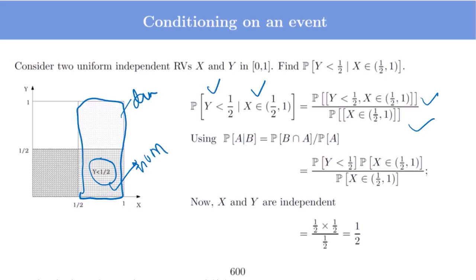The top one, because of independence, will be equal to the probability that Y is less than half multiplied by the probability that X is between half and 1. Both are half, and the denominator is also half. So the probability will be equal to half. Again, notice that the probability that Y is less than half is half, relative to when X is between half and 1.